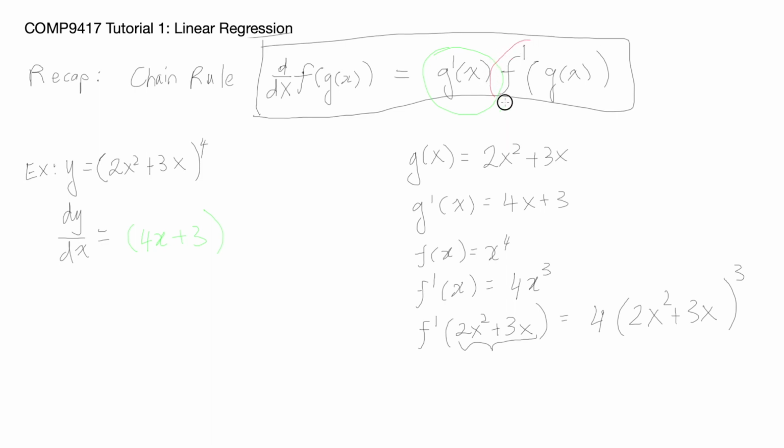And this part is 4 times 2x squared plus 3x, to the power of 3. That's pretty much it. So the derivative of y is equal to this thing. This is basically the only real recap I think we need to do before we jump into linear regression.